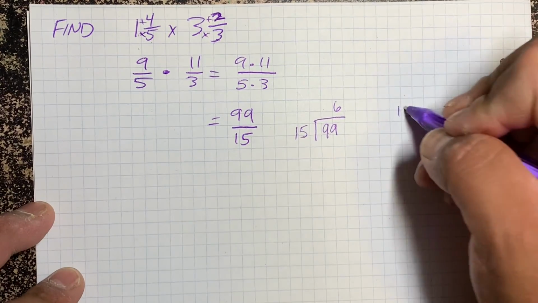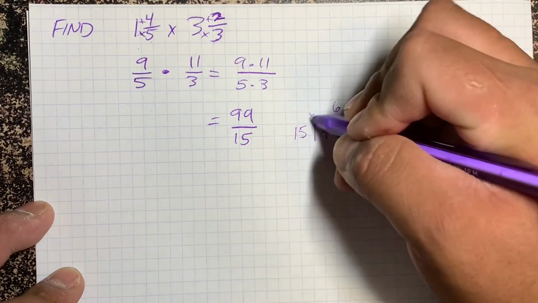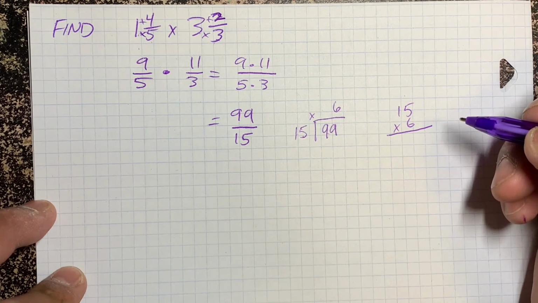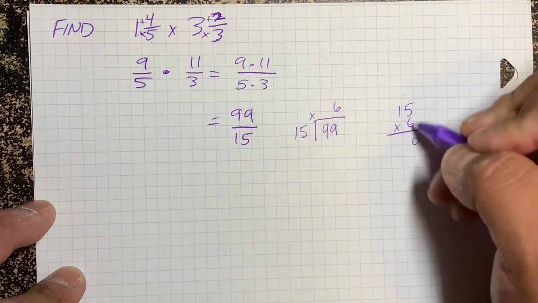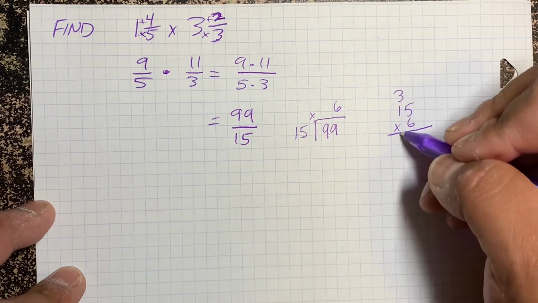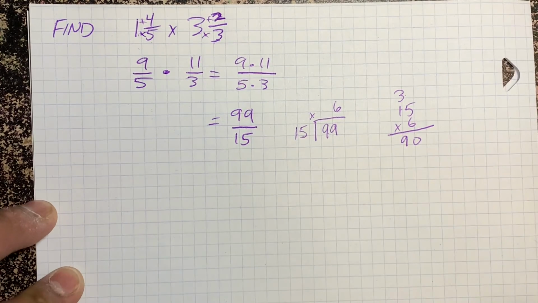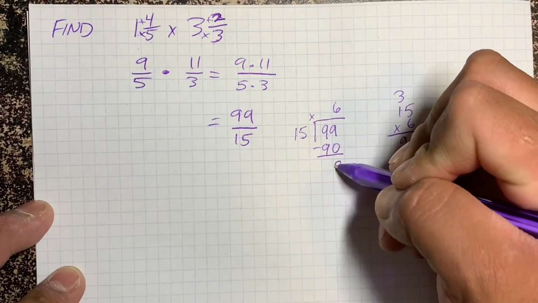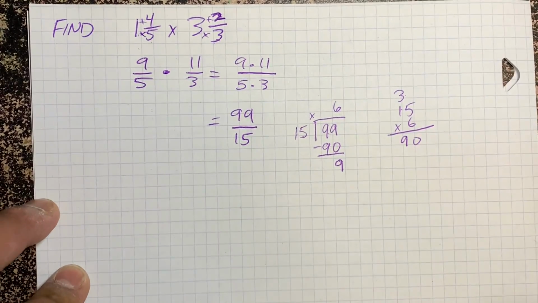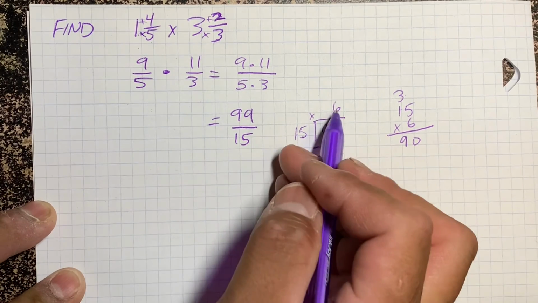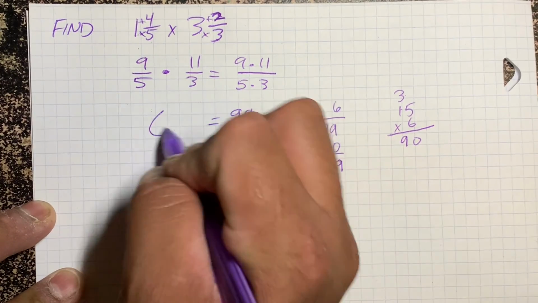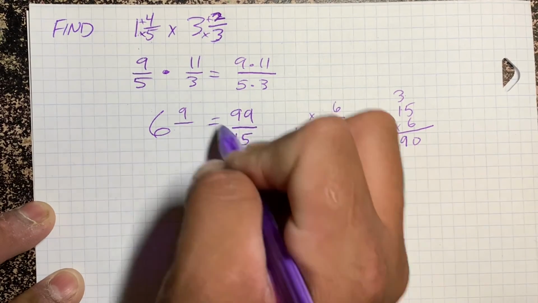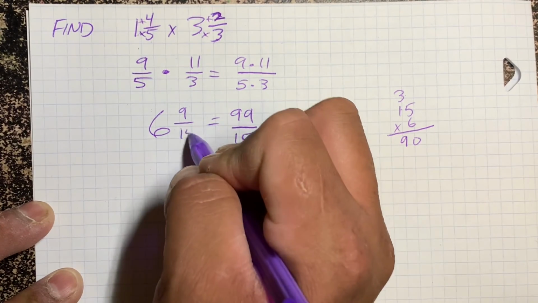So let's just work this out. 15 times 6: 5 times 6 is 30. 6 times 1 is 6, plus 3 is going to be 9. So this will be 90, and then 99 take away 90 is 9. So 6 is your whole number, your remainder 9 is going to be your numerator, and 15 is going to be your denominator.